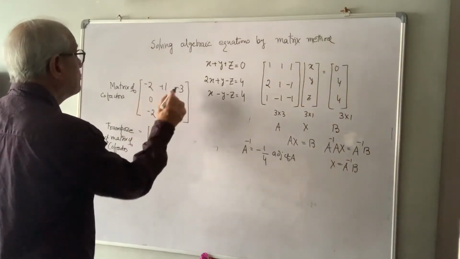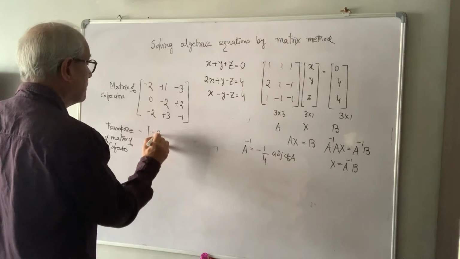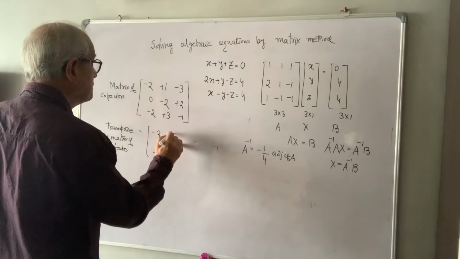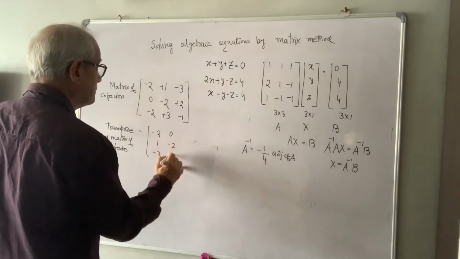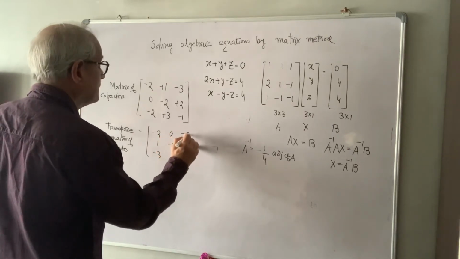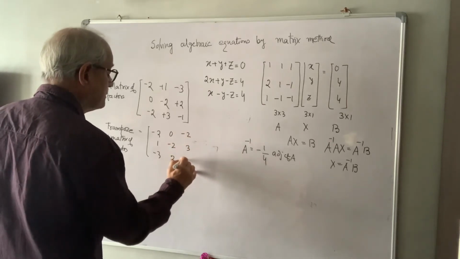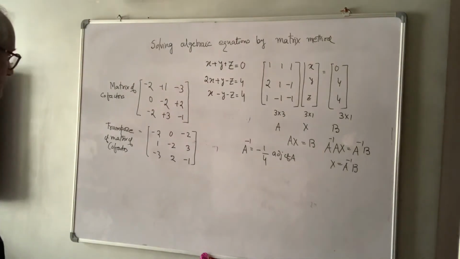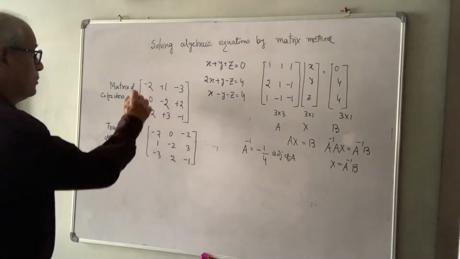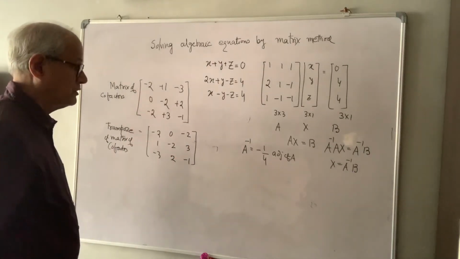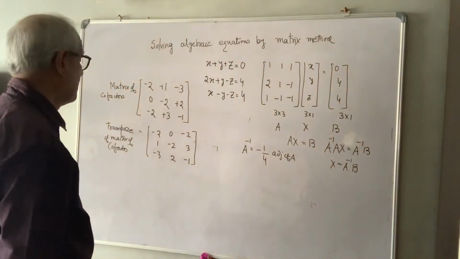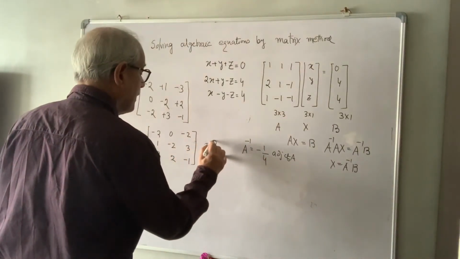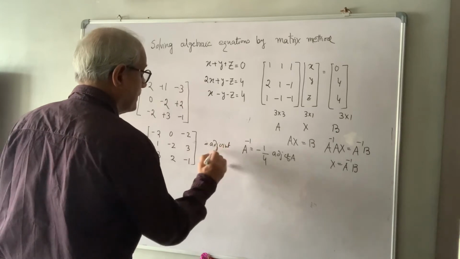So this first row will become the first column: -2, 1, -3, then 0, -2, 2, then -2, 3, -1. Rows are converted into columns. Now this is called the adjoint of A, the adjoint matrix.